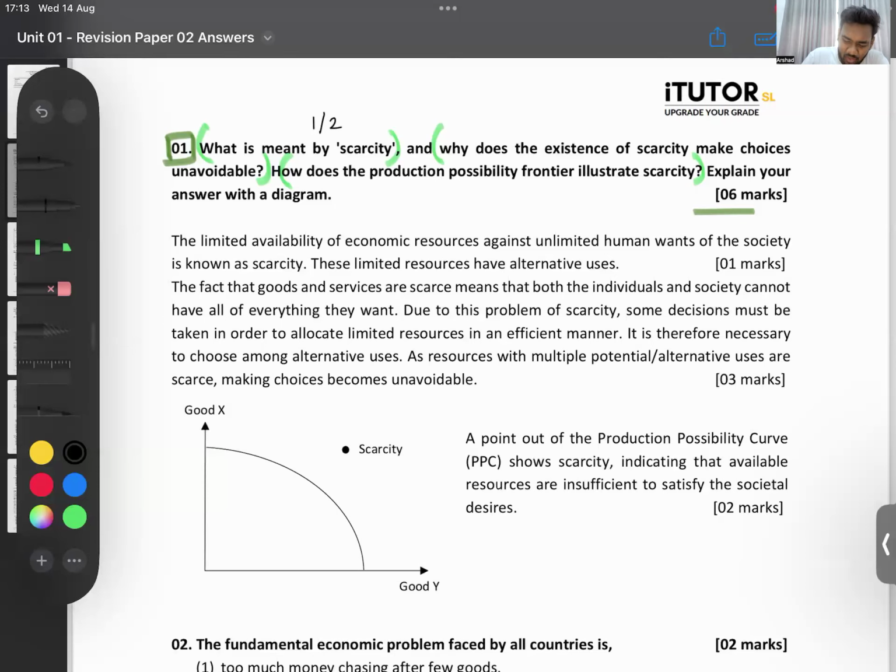Maybe they might give you 2 or 3 marks. Then the last one is, how do you show scarcity on a PPC? For drawing the diagram, they might give 1 mark, and for explaining that, another mark or 2 marks. Or they might give half and half. That also I don't know. So maybe 1 or 2 here. There are different possible combinations, so you have to think logically.